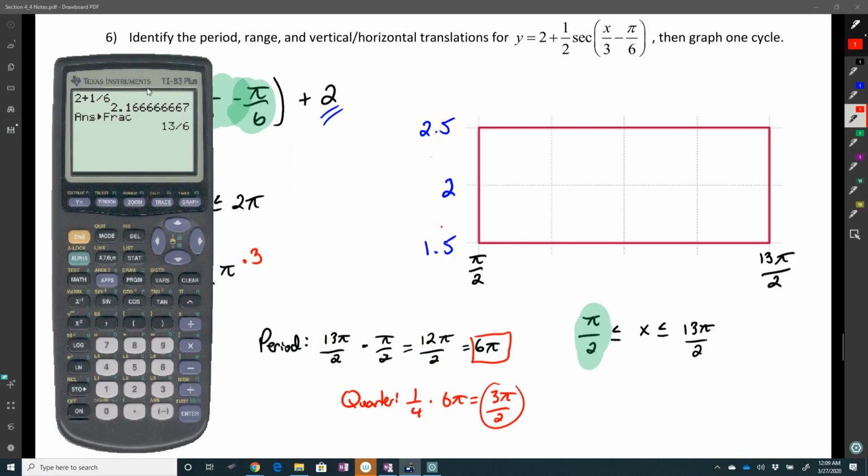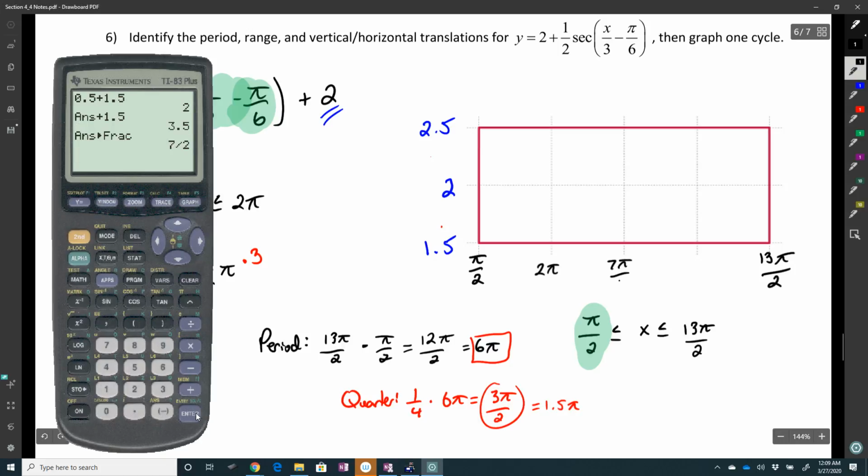And again, you can use your calculator. 3 pi over 2 is just 1.5 pi. So I can have 1/2 plus 1.5 is 2. So this is 2 pi plus 1.5, 3.5, you can math frac that, 7 pi over 2. Okay, and then plus 1.5, 5.